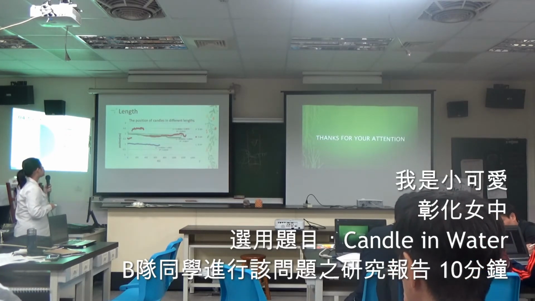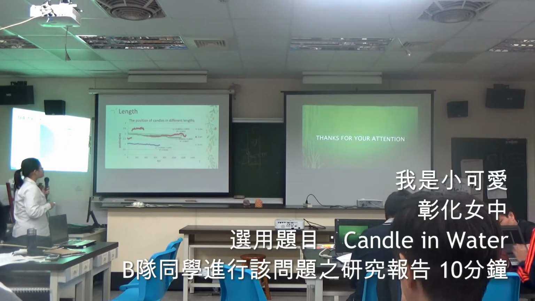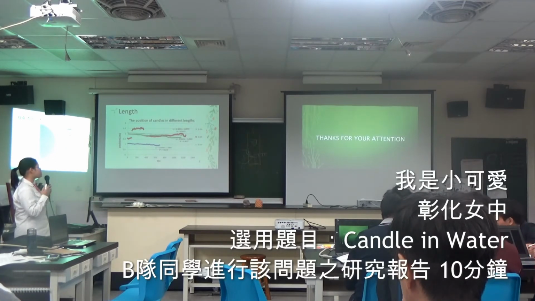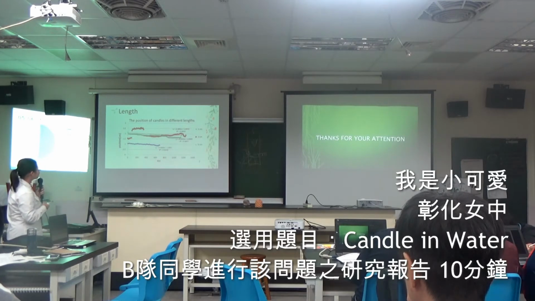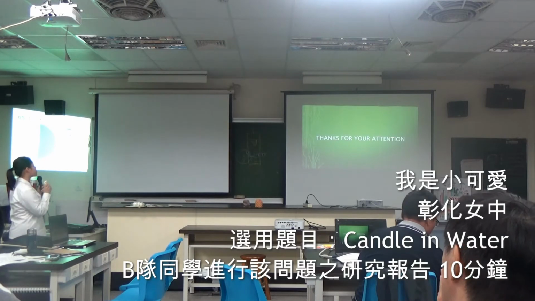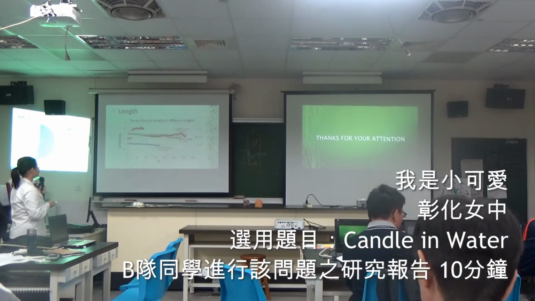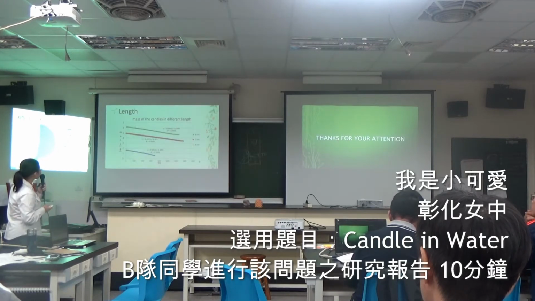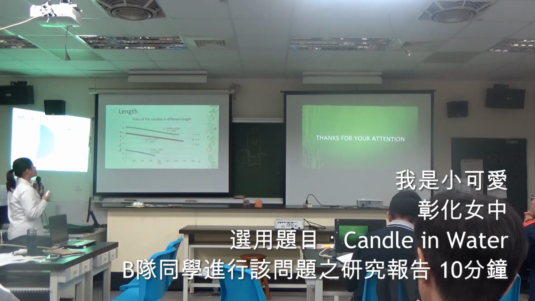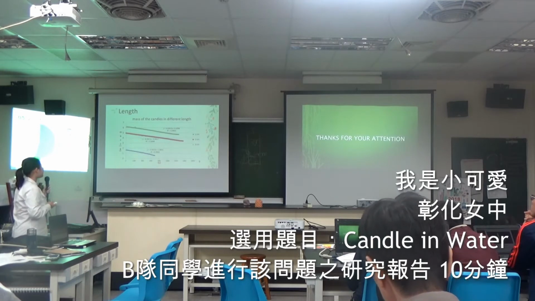This graph we get is that we observe the displacement of the candles whose lengths are different, and we can find that the 3 centimeter one floats obviously. And then I will show you the variation of the mass of the candle.